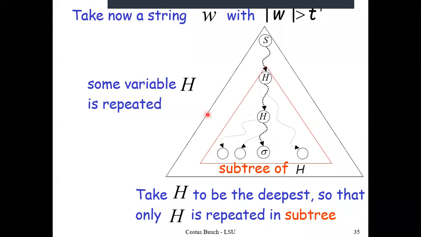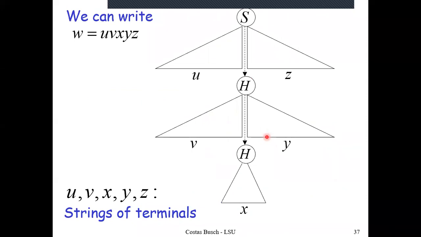Now I have a middle tree, an outer tree, and the inner tree. Now this structure is going to help me out in dividing my original string into 5 substrings: U, V, X, Y, and Z. Remember that a sufficiently long string is going to give me 3 sentential forms and 3 substrings.